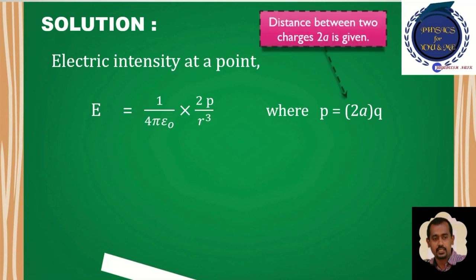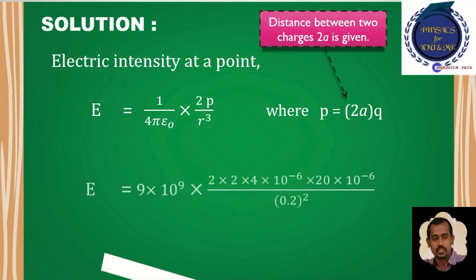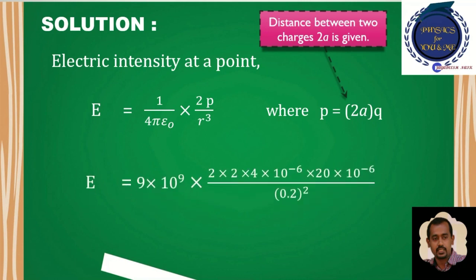But in this problem, the distance between the 2 point charges, 2a, itself is given. So therefore, substituting the values, we will get electric field at a point on the axis as 1.8 into 10 raised to 2 Newton per coulomb.